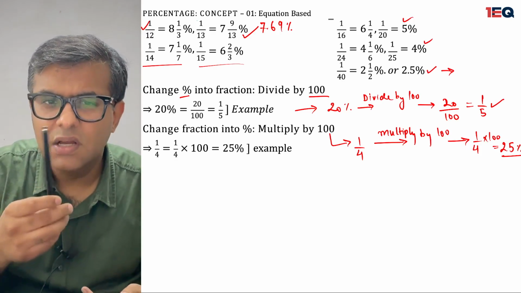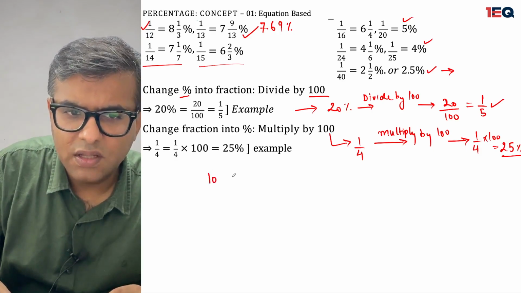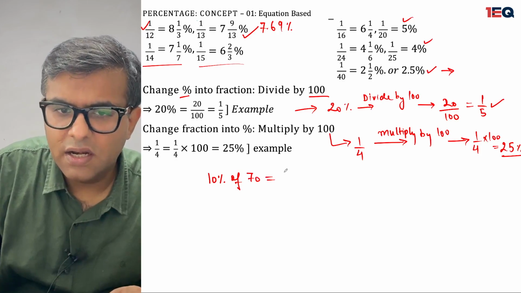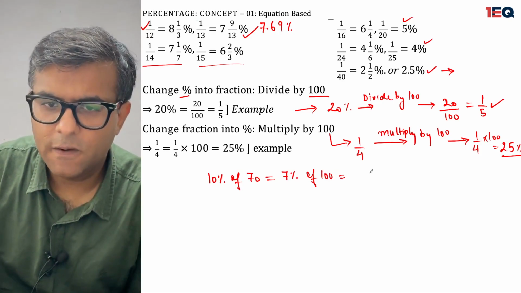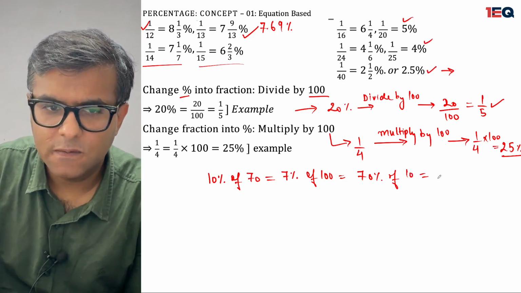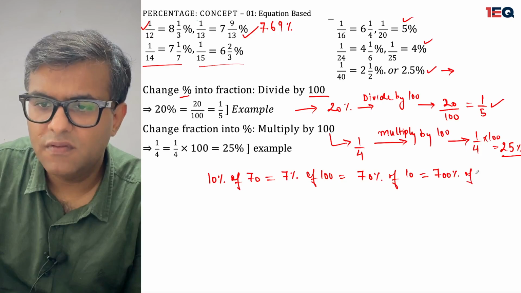If somebody says, give me 10% of 70, it is easily interchangeable with give me 7% of 100, or give me 70% of 10, or give me 700% of 1.